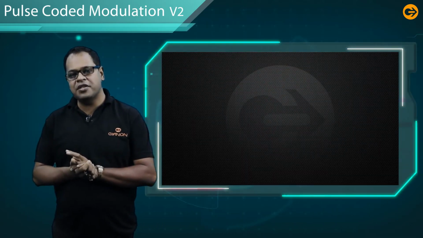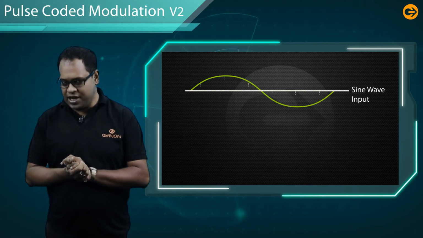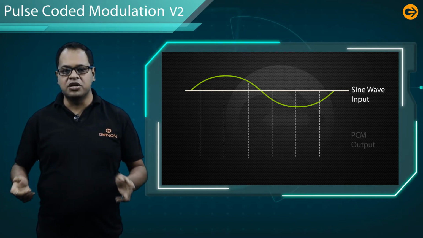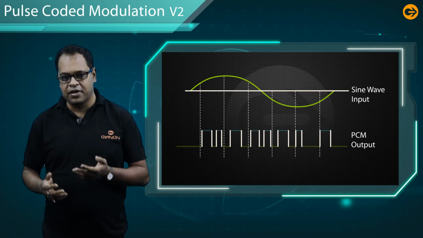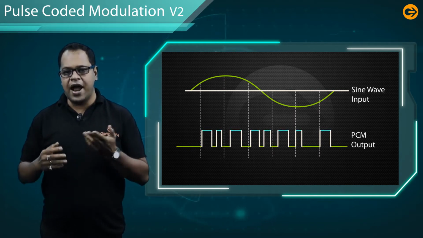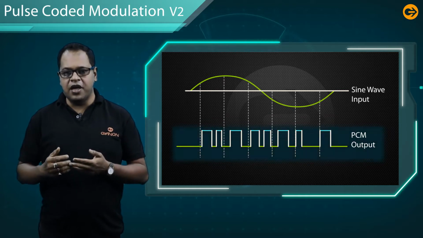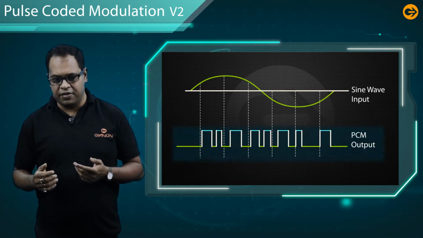So, what we have discussed in our earlier lecture of pulse code modulation, let us have a recap. A signal is pulse code modulated to convert its analog information into a binary sequence, that is, ones and zeros. The output of a PCM will resemble a binary sequence.